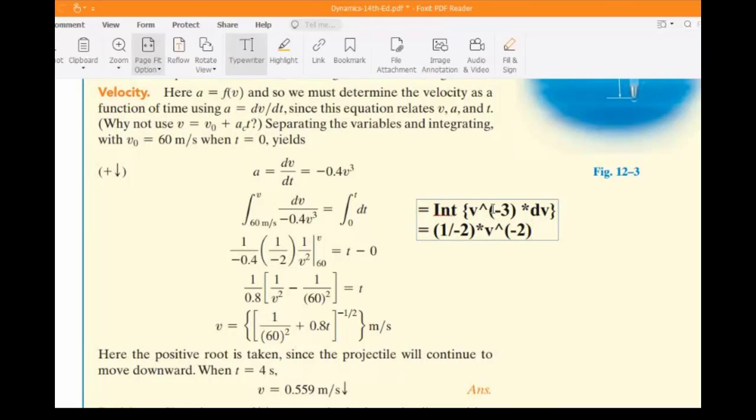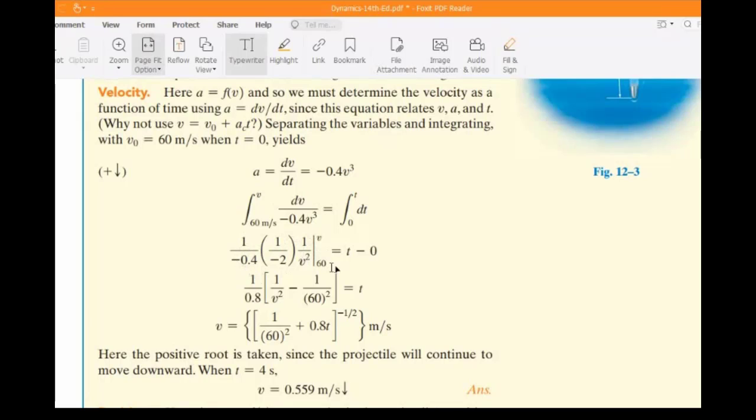Okay, this one will be the integration. So previously we had this one, minus 0.4, so minus 0.4 comes as it is. Then we also get 1 divided by minus 2 times 1 by v square. So this one is correct also. Understood, everyone?